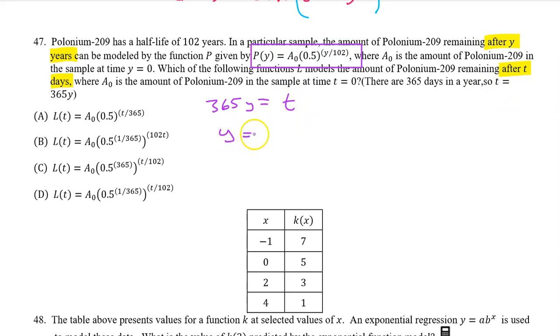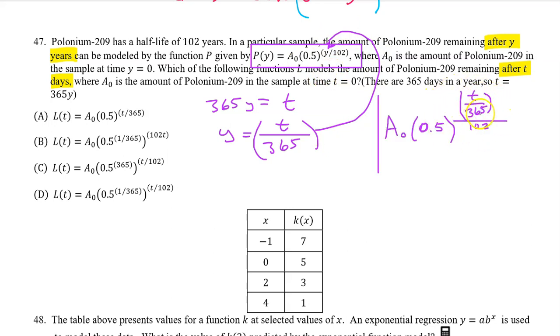So y is equal to t divided by 365. So now we should be able to take this and plug it in for y right here and simplify.